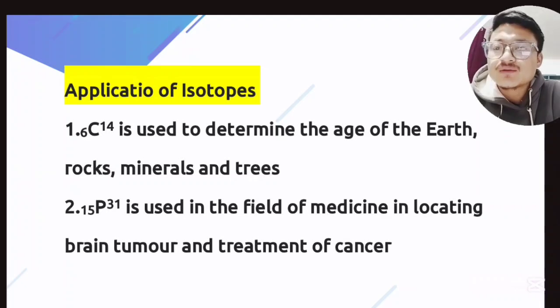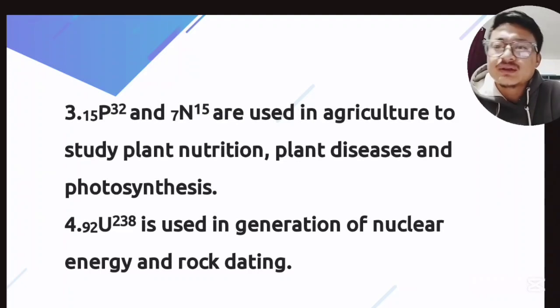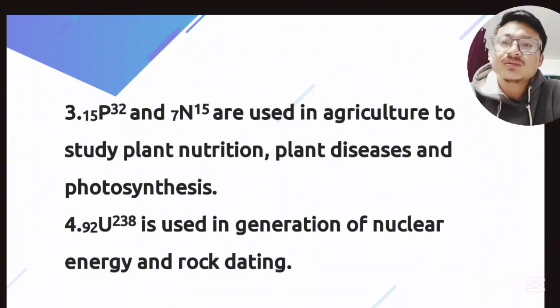Second, phosphorus-31 is used in medicine in locating brain tumors and treating cancer. Phosphorus-32 and nitrogen-15 are used in agriculture to study plant nutrition, plant diseases and photosynthesis. Lastly, uranium-238 is used in generation of nuclear energy and rock dating.